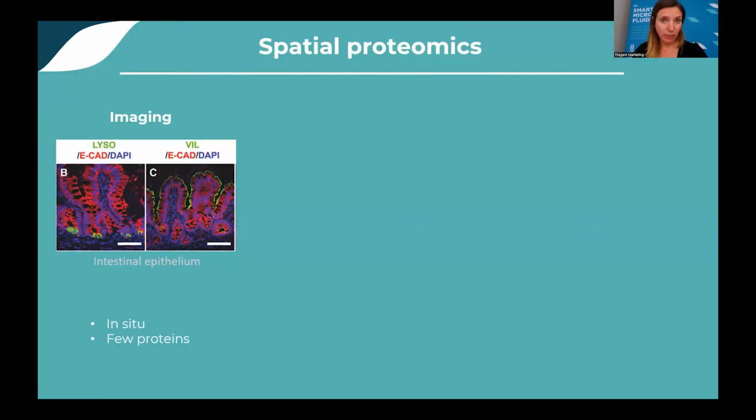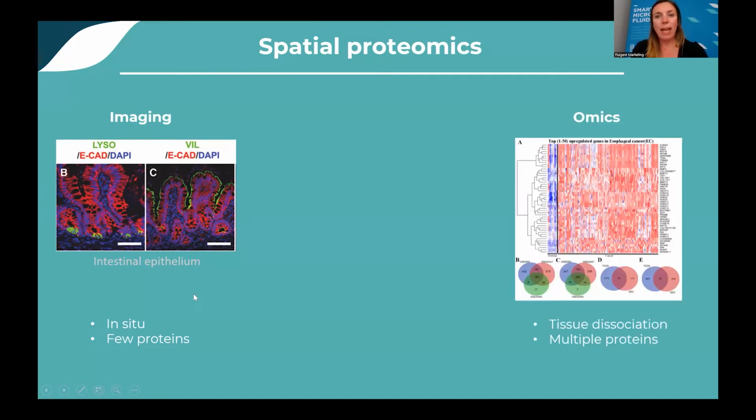First of all, what is spatial proteomics? Classically, on one hand, cell and tissue imaging allows you to visualize proteins in situ, but can only reveal the localization of a few proteins. On the other hand, proteomics enables analysis of multiple protein expression, but not in their native form within the tissue, as it necessitates protein dissociation.